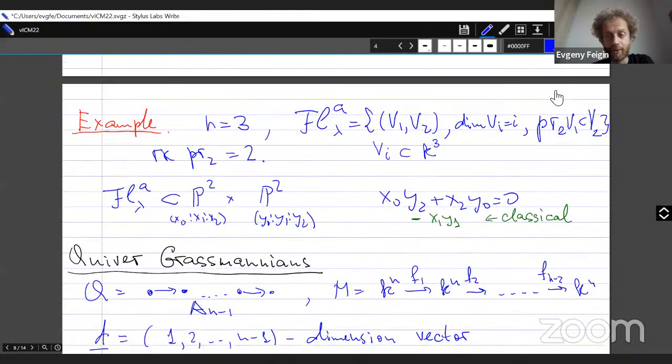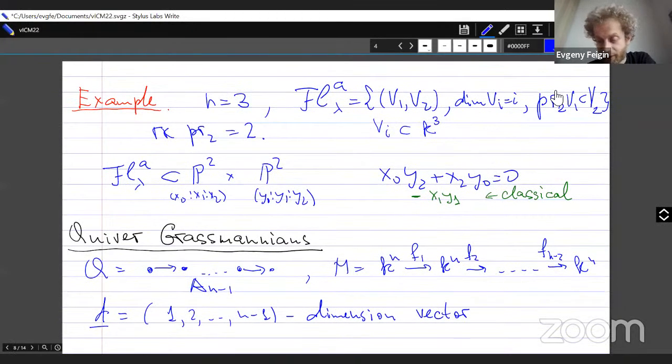Here is an example, the first non-trivial example. We consider n equals 3, so SL3, and then we have a pair of subspaces V1, V2.